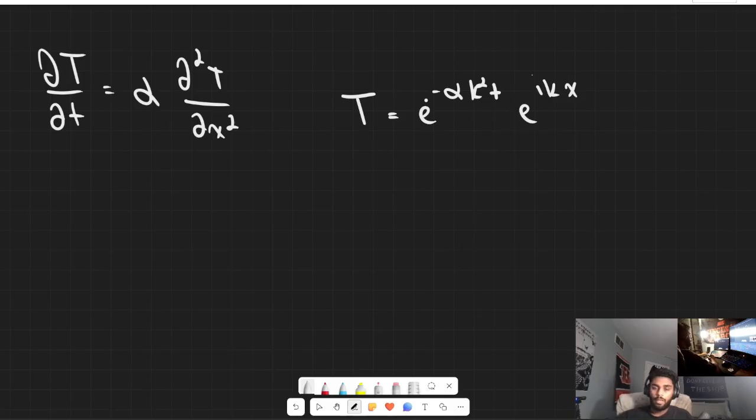Now, you might look at this and wonder, well, where are these values coming from? And I think a better way to visualize this is proving how this is actually a solution of this differential equation. So let's start on this side first. We can say, so this derivative of temperature with respect to time. So we know that with exponentials, we have some general form like this.